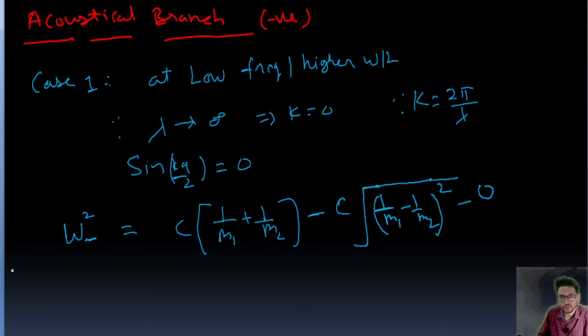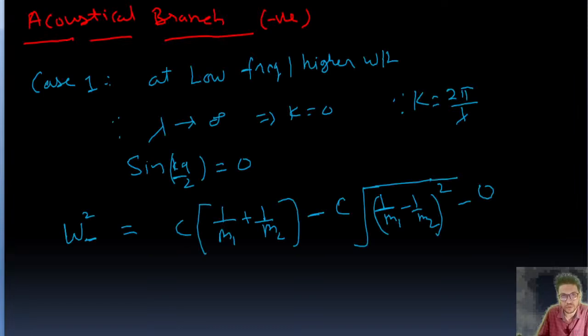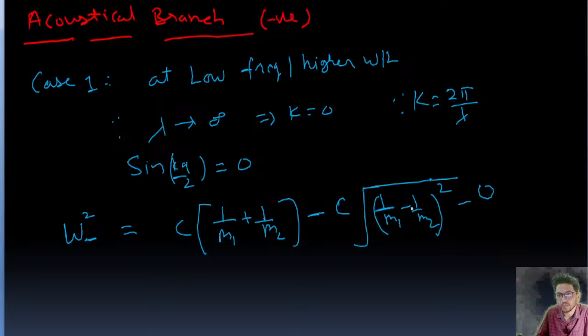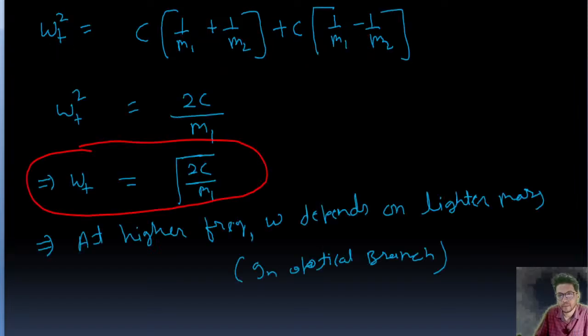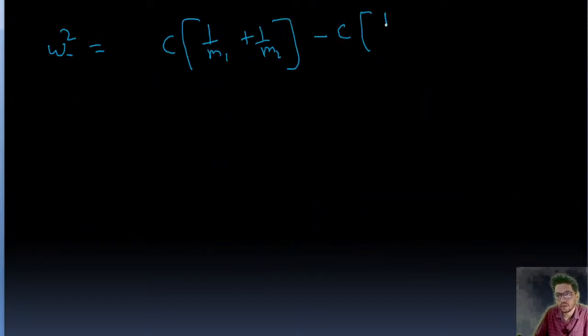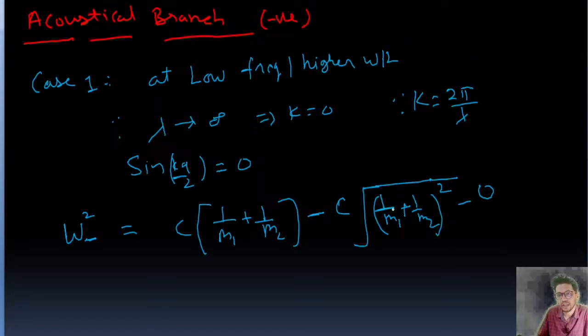So omega minus square is going to be c into 1 upon m1 plus 1 upon m2, minus c into 1 upon m1 plus 1 upon m2 whole square, and the root will be removed.